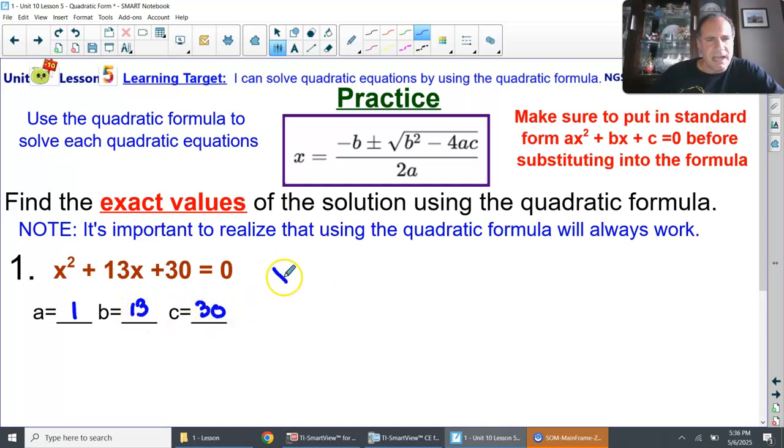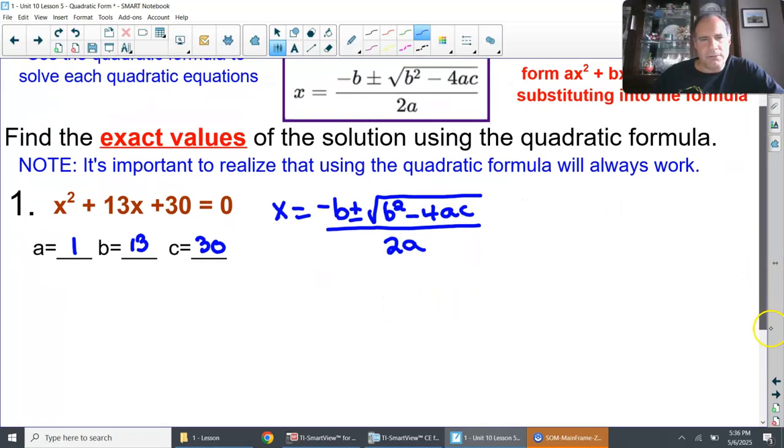So this is x equals, I am not going to rewrite the formula. Actually, I'll rewrite the formula. Negative b plus or minus square root of b squared minus 4ac all over 2a.